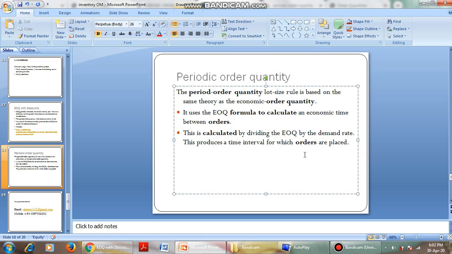It is very simple: instead of ordering at one time, we will order in periods, in different time intervals. How do you calculate this time interval? EOQ by demand, so that we will get the periodic order.